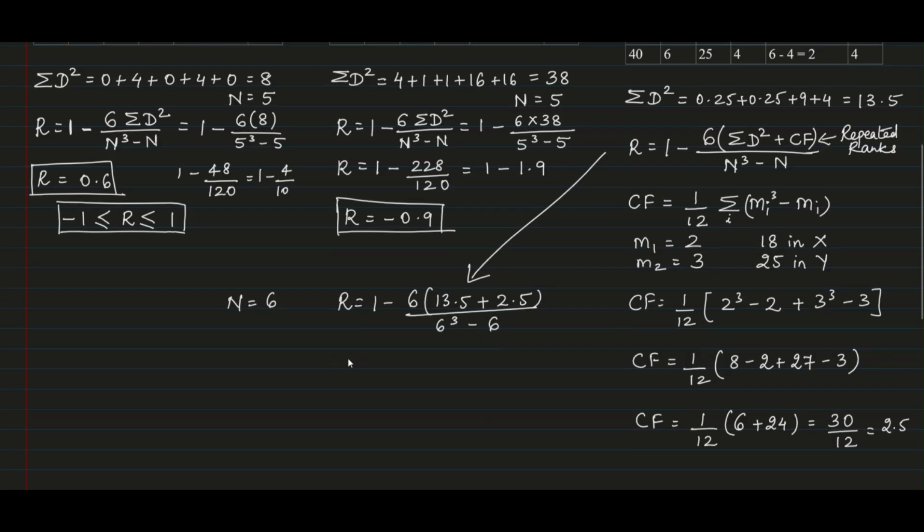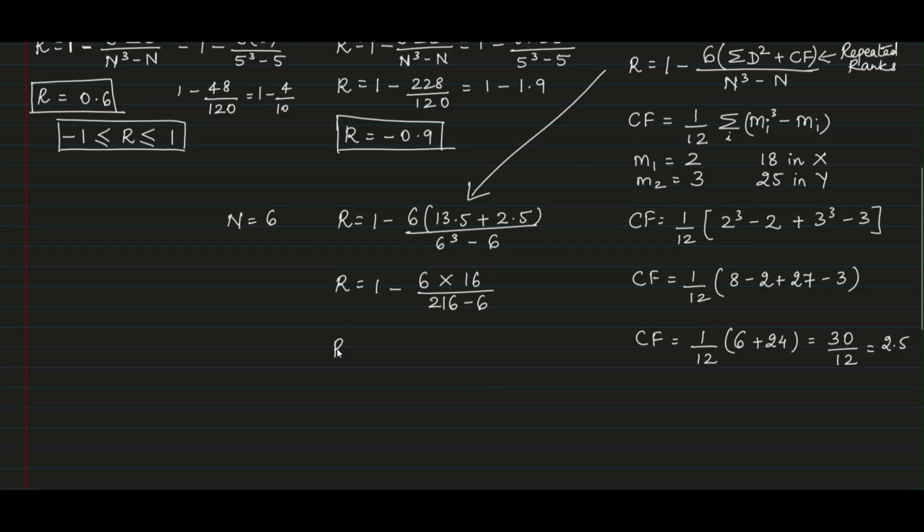So R is 1 minus 6 times 13.5 plus 2.5, that is 16, upon 6 cube is 216 minus 6. So R is 1 minus 6 into 16 upon 210.